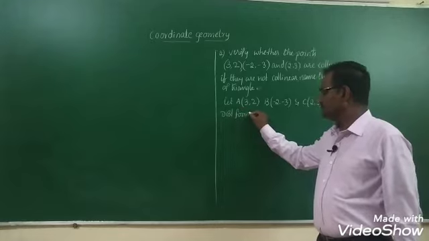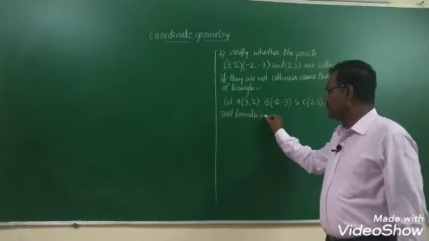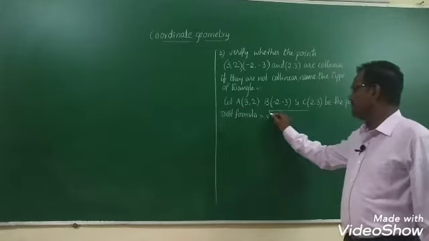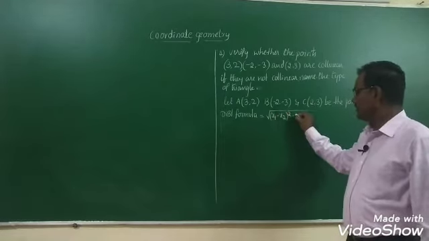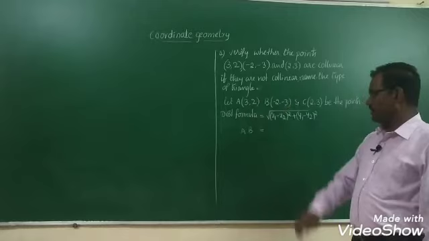Distance formula: we have root of (x1 minus x2) whole square plus (y1 minus y2) whole square. Now I have to find AB. A is the first point, B the second point.